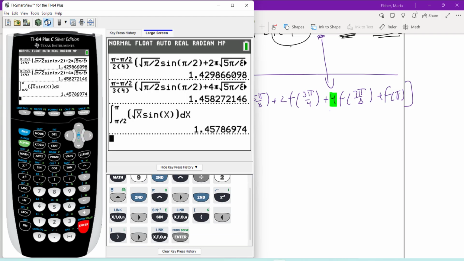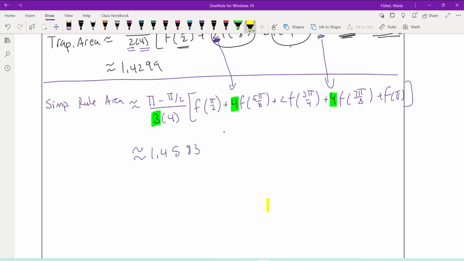Hit enter. And to 4 decimal places, this would be 1.4579. The calculator is approximately 1.4579. Look at how close Simpson's rule is. It's off by the thousandth place with only using 4 subintervals. That's it for numerical integration.